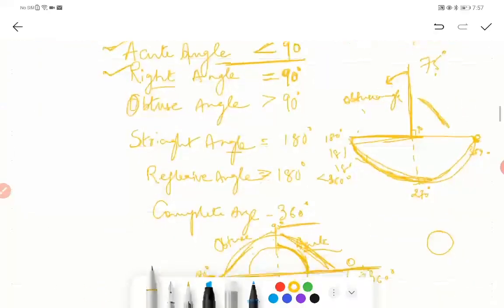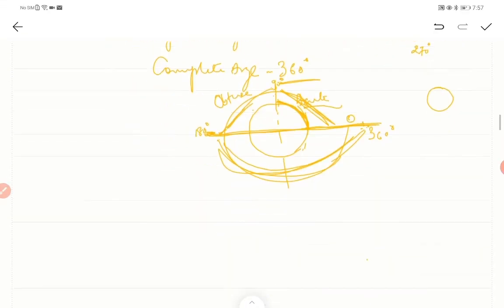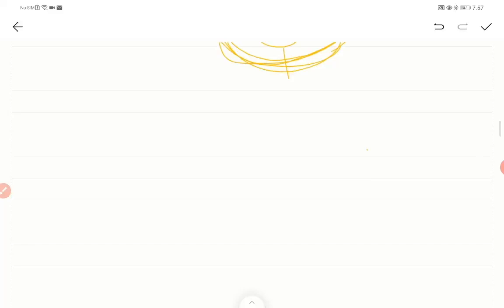Okay. And if you know what a perpendicular line is, a perpendicular line means this is your line. Okay. And any line which comes and strikes the base exactly at 90 degrees, that line you call a perpendicular line.